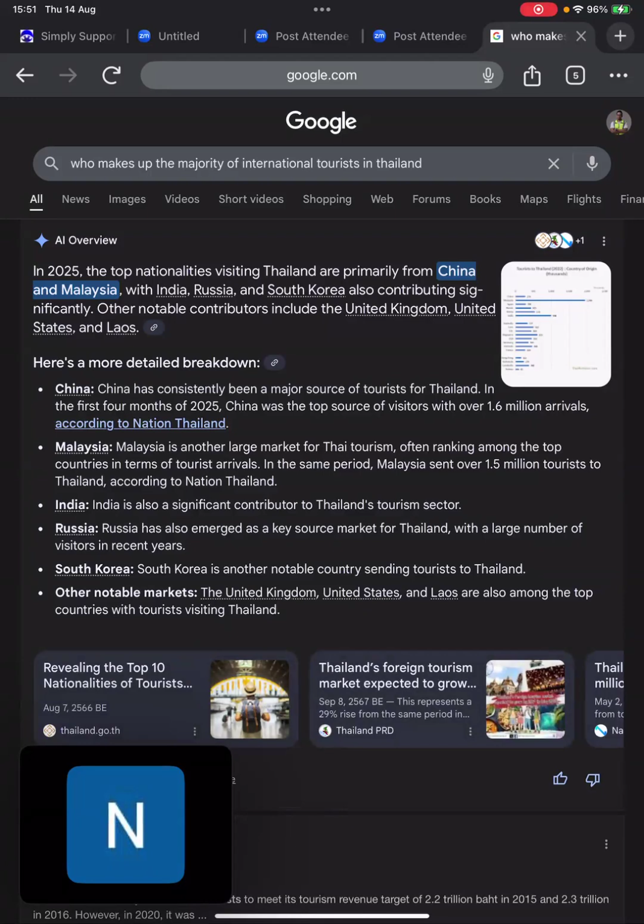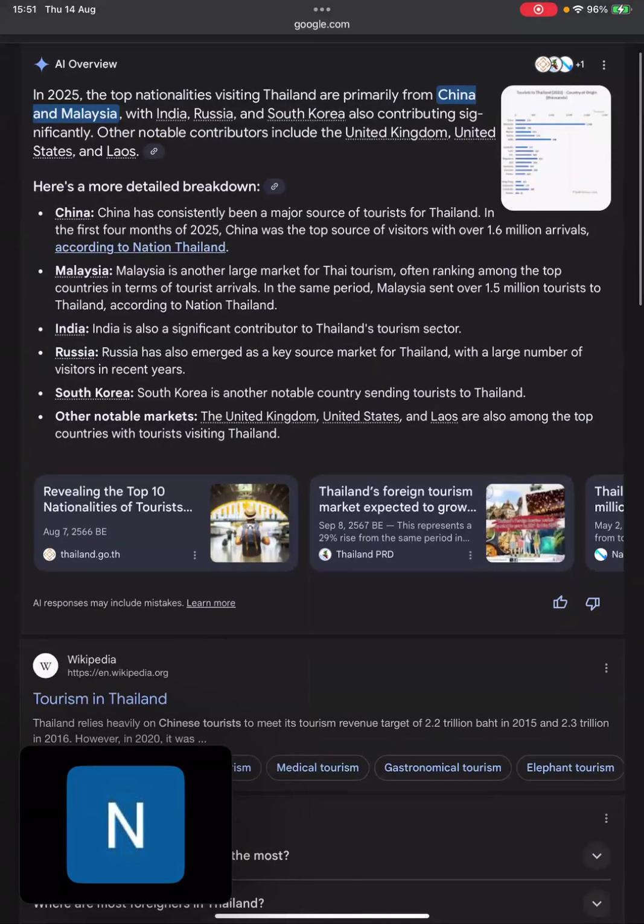And like I expected, China has consistently been a major source of tourists. Okay. So the top nationalities visiting Thailand are primarily from China and Malaysia. All right. I can basically copy that phrase, but I have to make sure that I can make a reference.